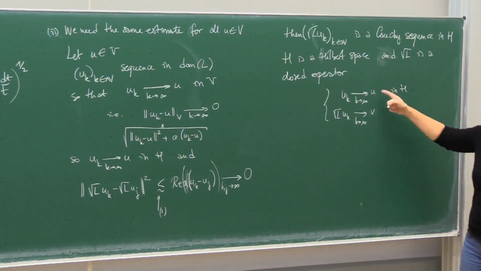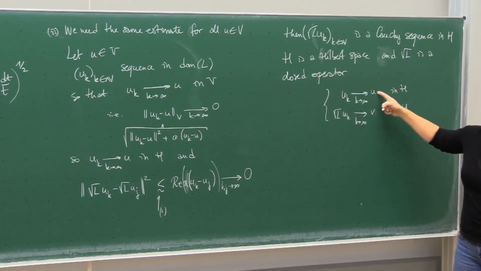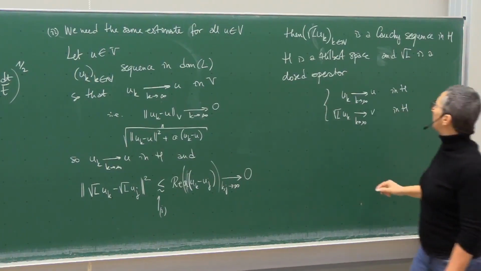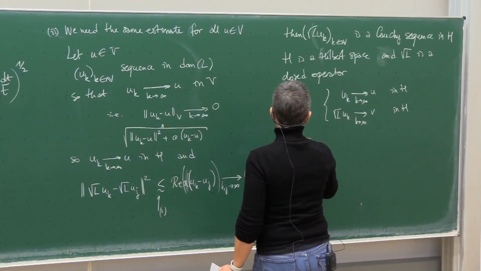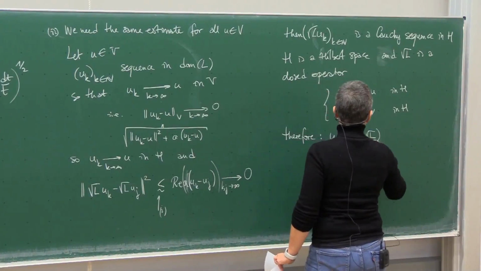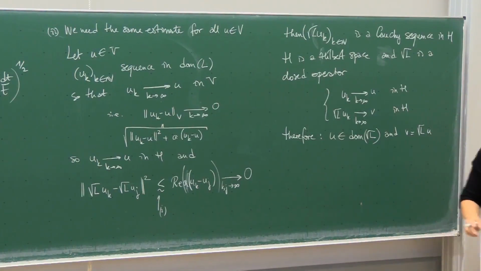It means that u is in the domain of the square root of L, and square root of L u is equal to V. Therefore, u is in the domain of the square root of L, and V is equal to the square root of L u. This comes from the fact that the square root of a divergence form operator is a closed operator in the Hilbert space. Okay.